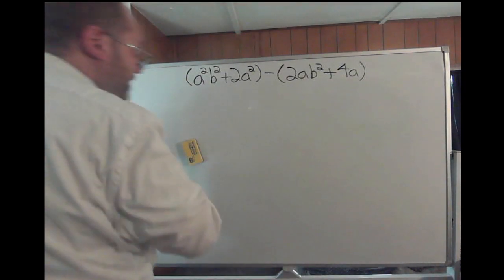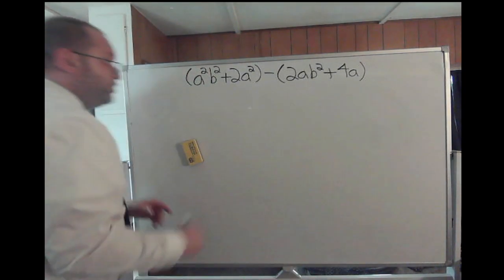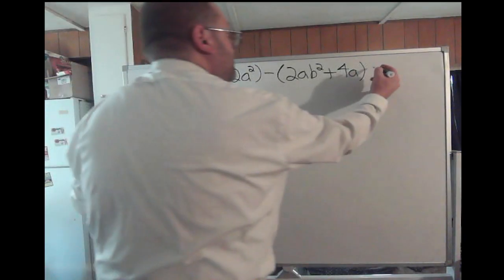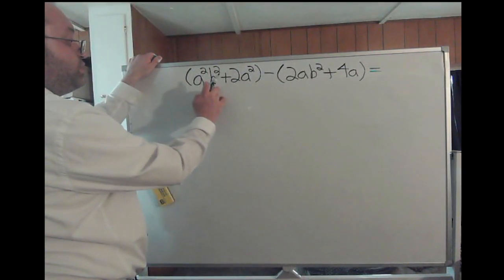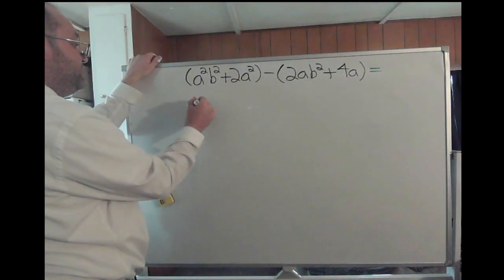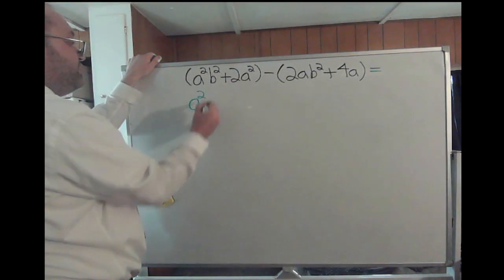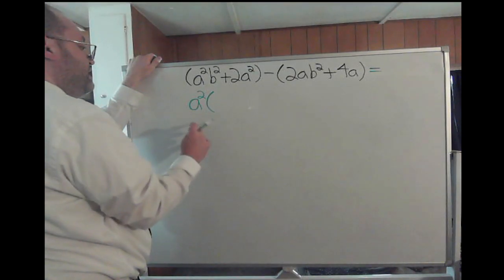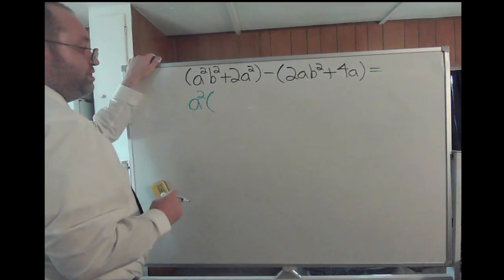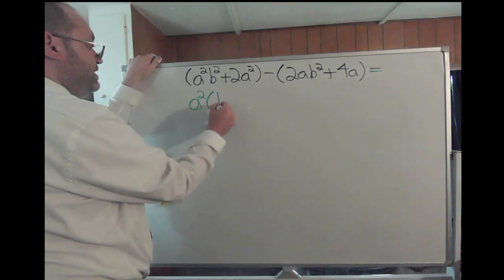So they already break it into the two terms approach for you, the two sets of two terms. The greatest common factor between a squared b squared and 2a squared is definitely a squared. So you're going to factor out your common a squared. Now, a squared times what equals a squared b squared? Just b squared.